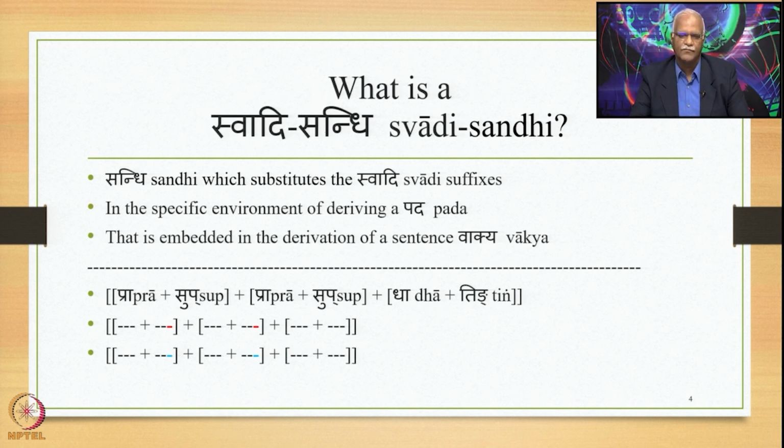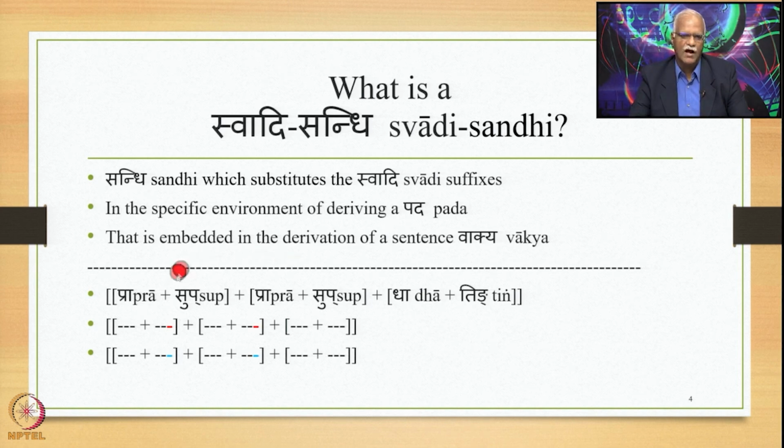which means that among padas which consist of prakriti and pratyaya, there should be at least one pada which has a ting pratyaya, obviously with the prakriti in the form of dhatu.